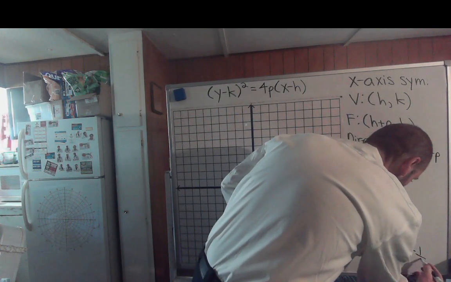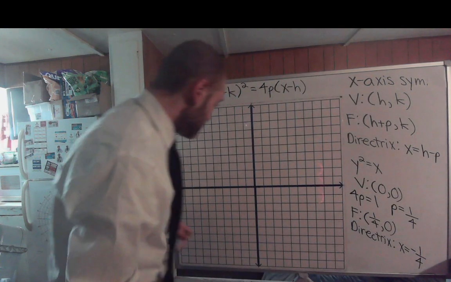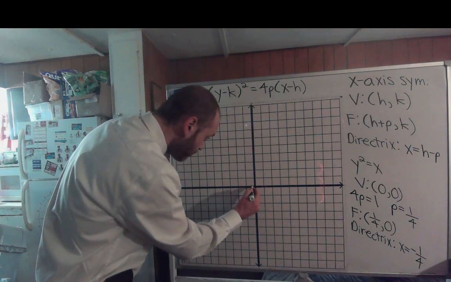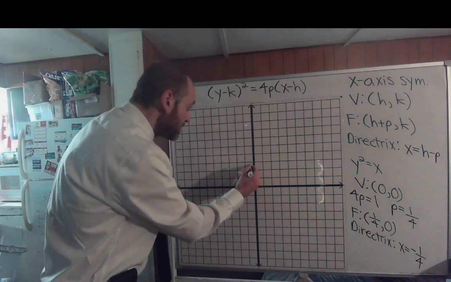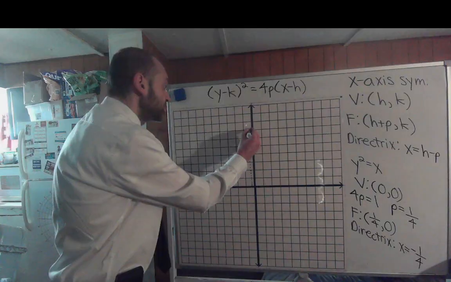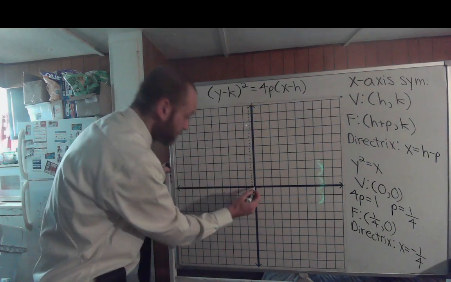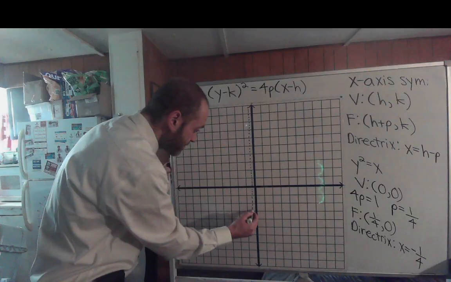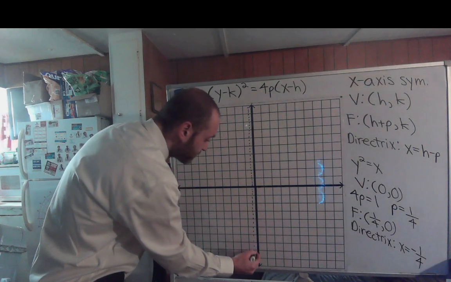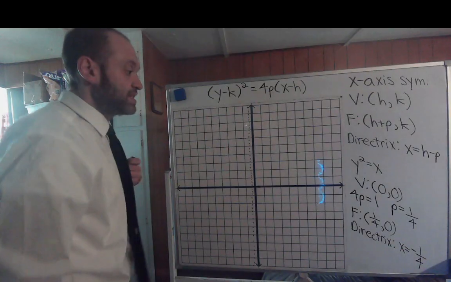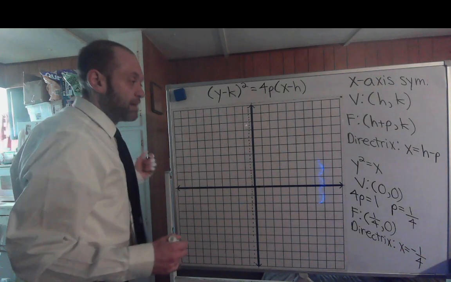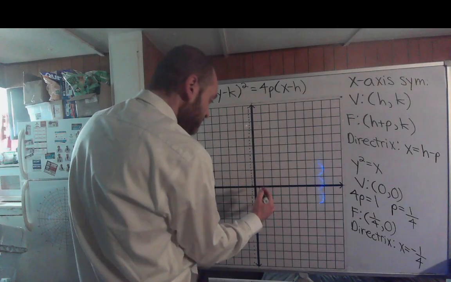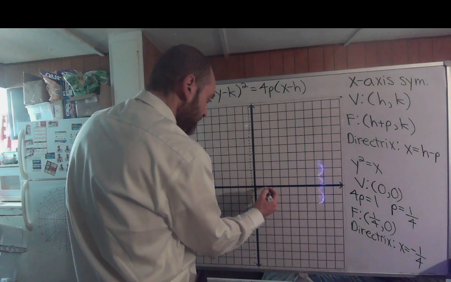I'll get x equals negative 1/4 as my directrix. So that's going to be right about there. You get this vertical line through x equals negative 1/4. And of course, let's pick a couple other points here. Let's say I pick x equals 1, that would give me y equals both plus and minus 1.